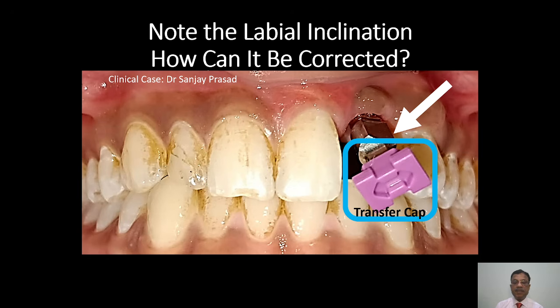A transfer cap is placed over the impression coping so that this transfer cap is transferred to the impression tray, and it will help in ease of alignment of impression coping in the impression which we record, so that there will be less misalignment of impression coping and the implant analog which we will place during the cast fabrication.